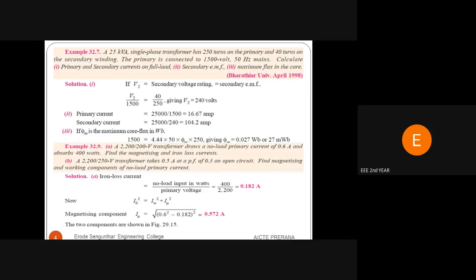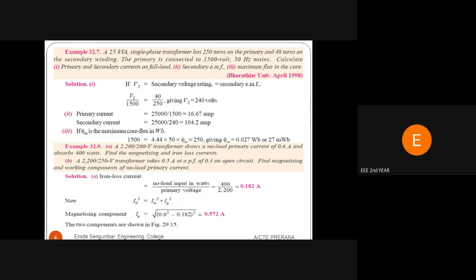Substituting the known data, I naught is 0.6 ampere, so the square root of 0.6 square minus 0.182 square, where 0.182 is the iron loss component current, gives the magnetizing current of 0.572 ampere.